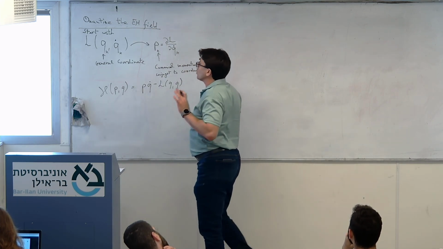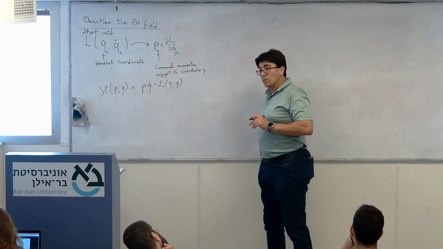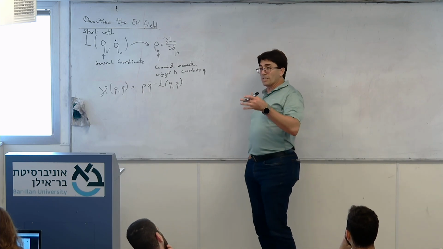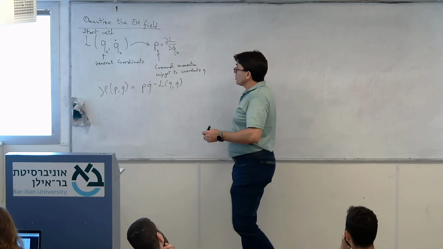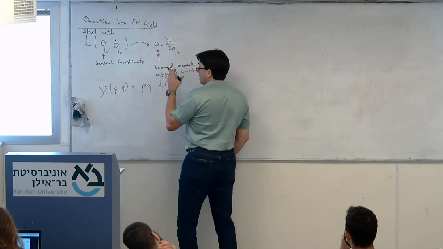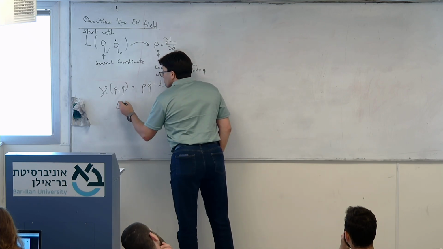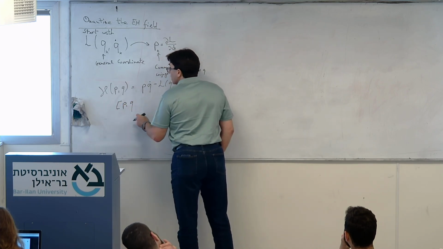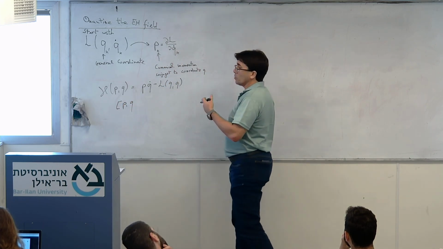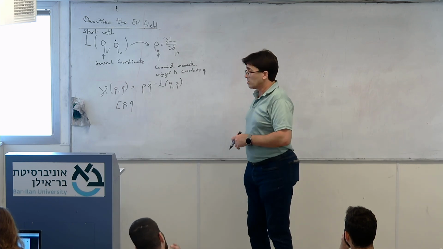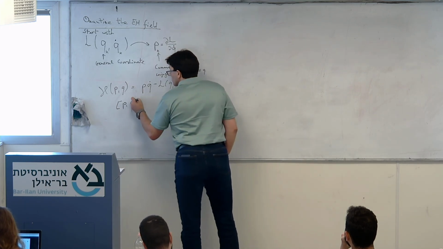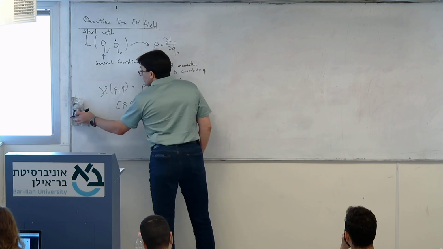And then you have a Hamiltonian. And now the quantization says, okay, I enforce this. I say that p and q are operators. So that's the quantization step.